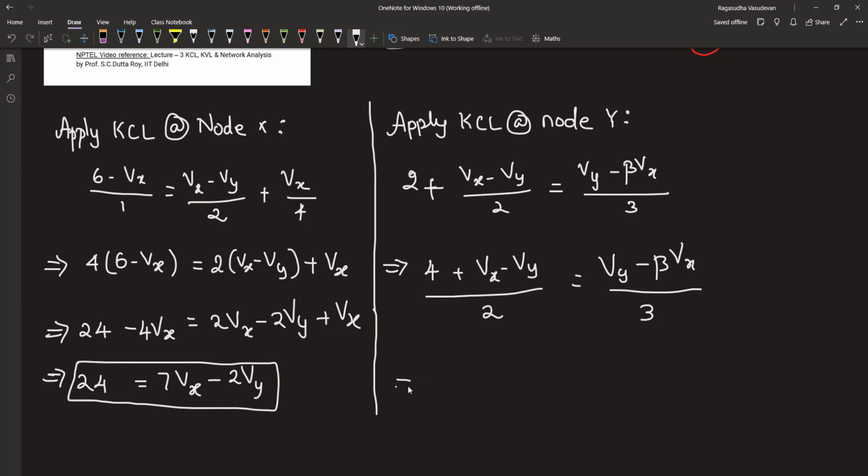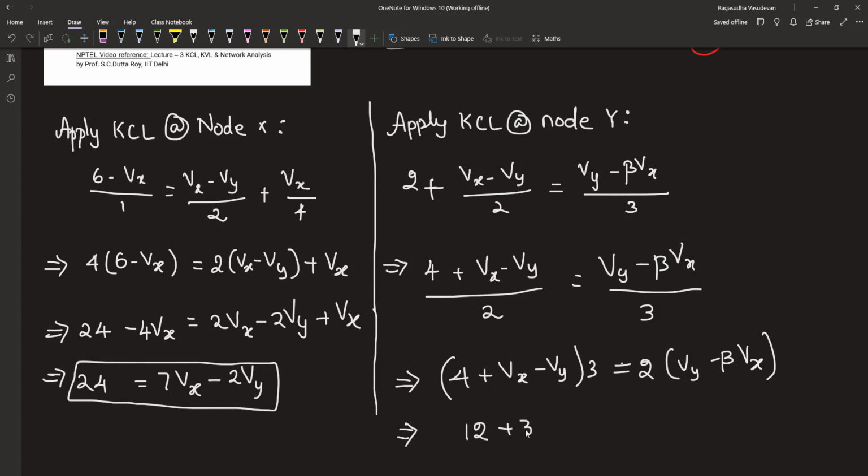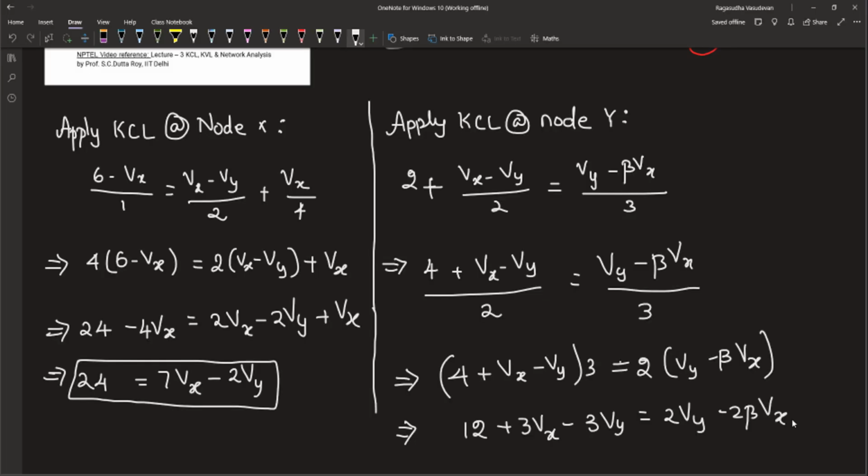So this implies that 4 plus Vx minus Vy times 3 is 2 times Vy minus beta Vx. So on simplifying this further, we will be getting 12 plus 3Vx minus 3Vy is equal to 2Vy minus 2 beta Vx. We have to find out the value of beta when the value of Vy is 0.